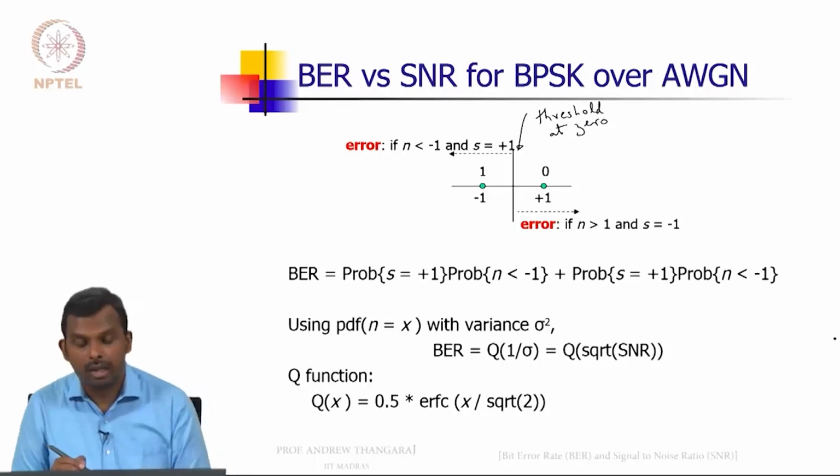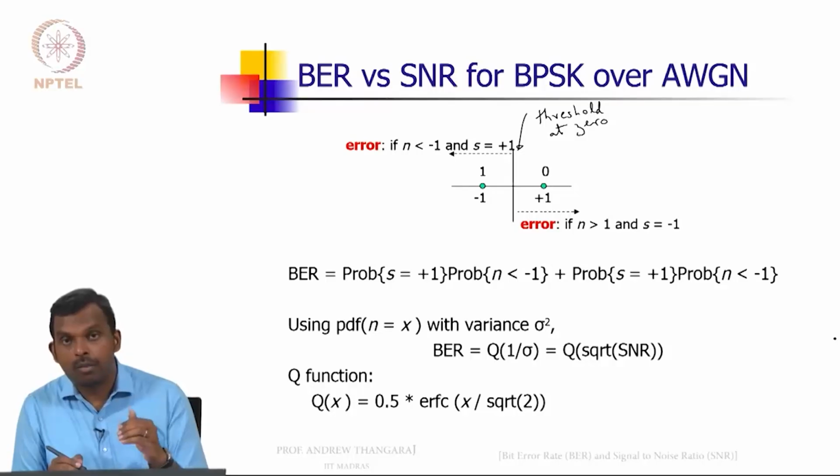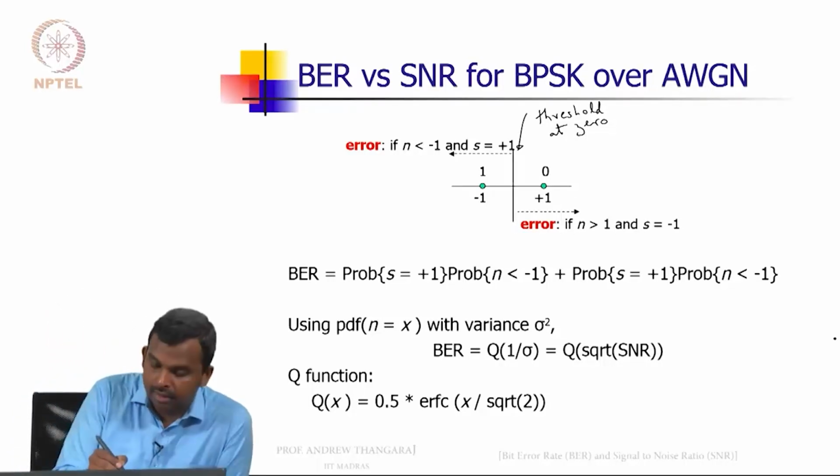And if you transmit a +1, if the received value is positive, I will not make any error. On the other hand, if you transmit a +1 and the received value becomes negative, you will make an error. So, that is this situation here.